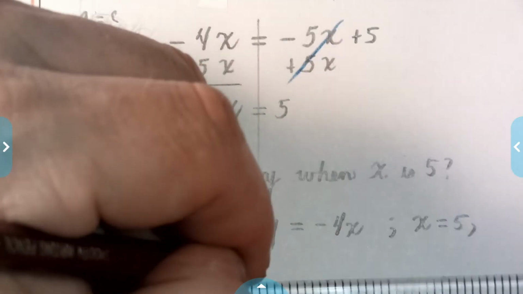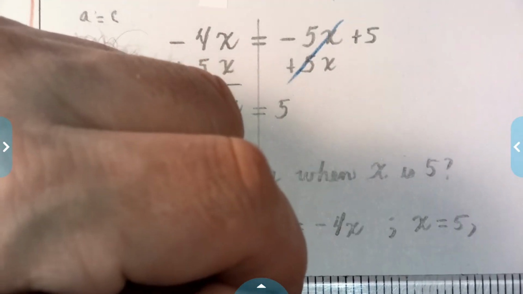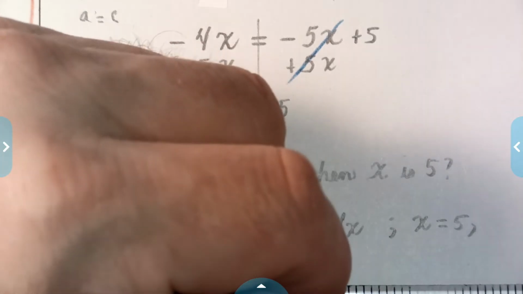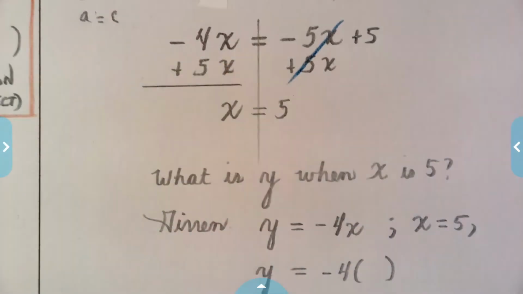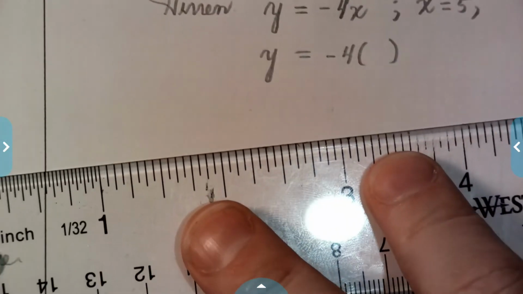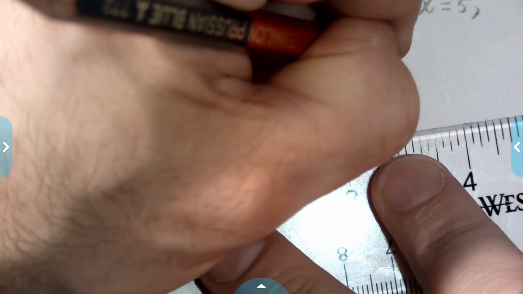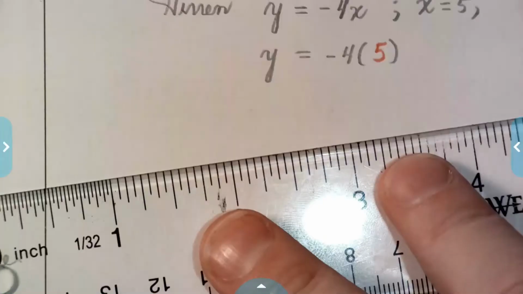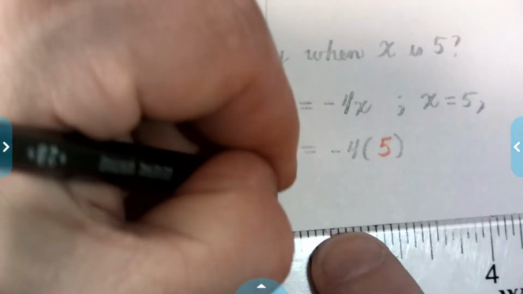Then we have y equals negative 4, open parentheses, close parentheses. Inside we put 5. That's the x value. Okay, so that's negative 20, right? So y equals negative 20.